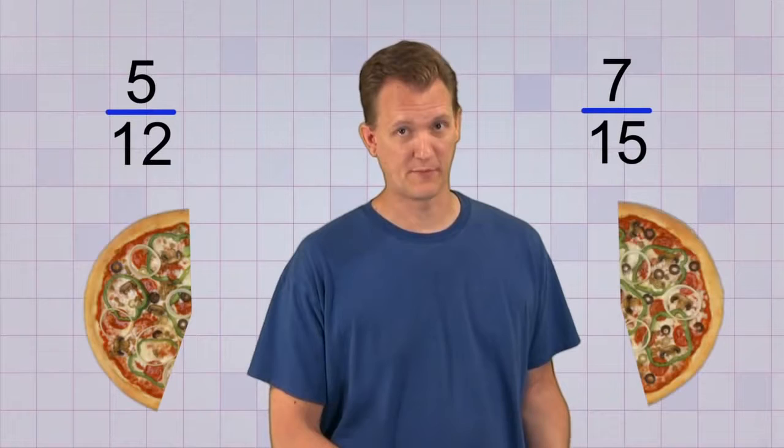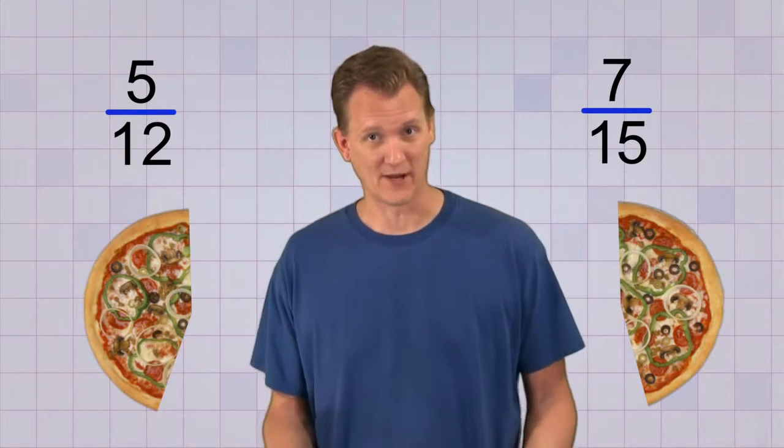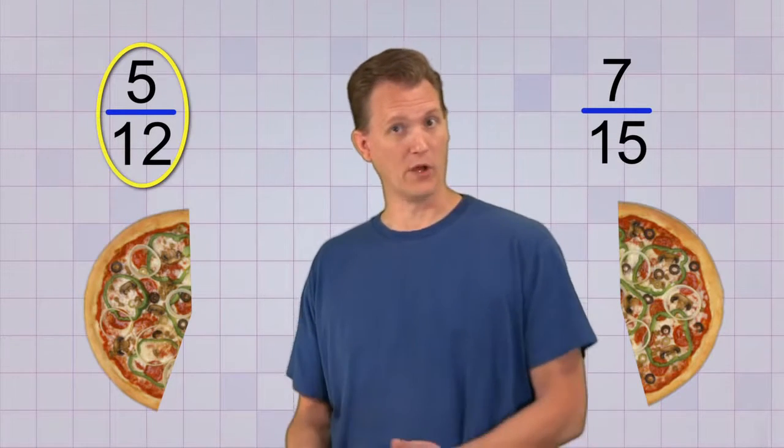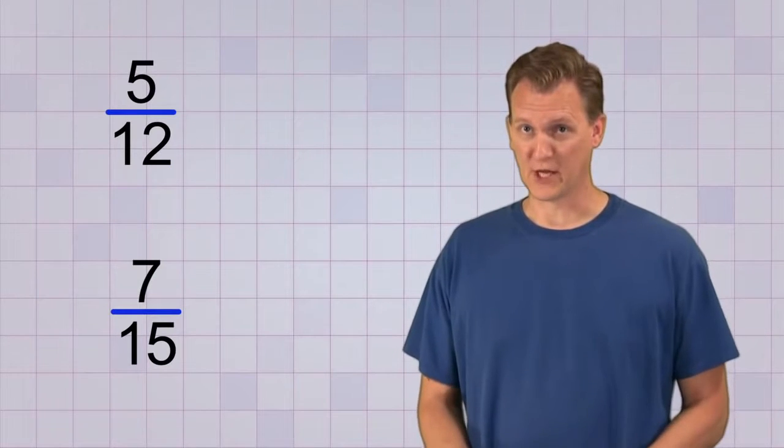For example, let's say I offered to give you either 5/12ths of a pizza or 7/15ths of a pizza. Now you happen to be really hungry, so you want to choose the biggest amount. But it's not very easy to tell just by looking which is bigger, 5/12 or 7/15. This is where decimal values can really help you out.